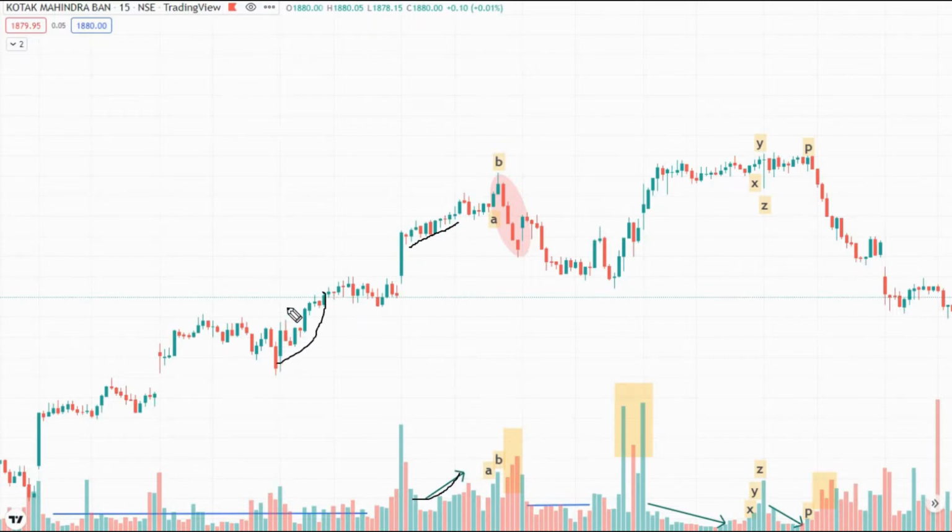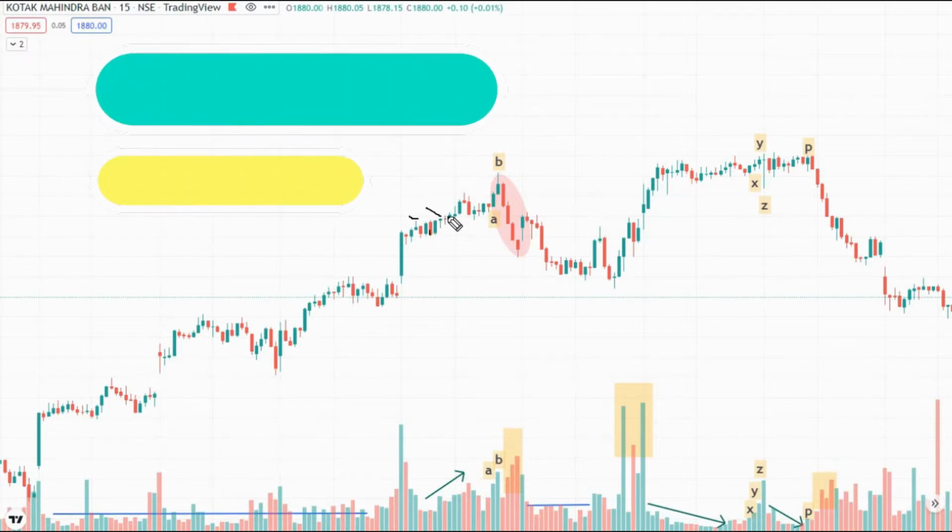Here there was a strong bullish momentum happening with this much volume, but after an increase in the volume, also see the type of candles it is forming: indecision candle, selling candle, indecision candle, doji candle, and the spreads are also very narrow.